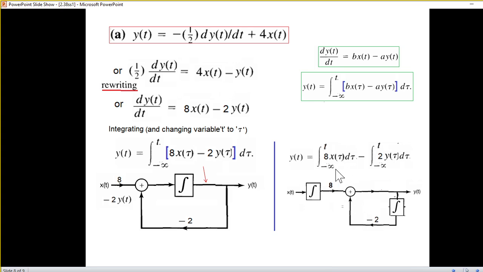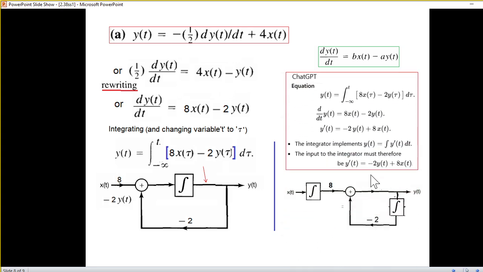So one integrator for the first one and the other integrator for the y, and then adding. Apparently this looks okay, but I had my doubt, because the moment you start, what you get here is the integral of 8x and no feedback as yet. So the integral of 8x is again getting integrated from here. So this did not sound good to me.